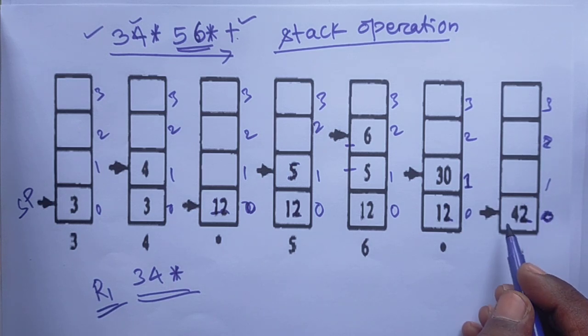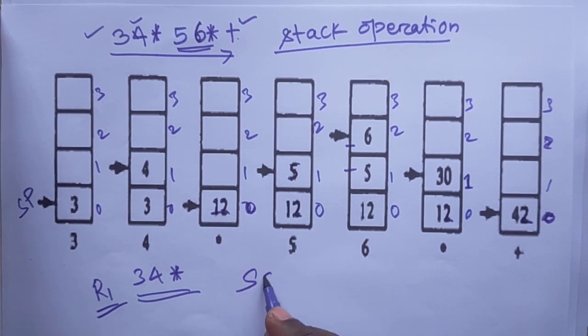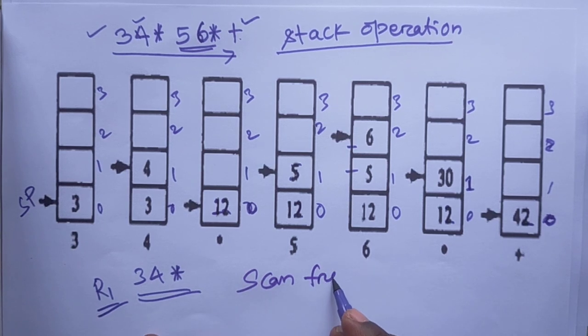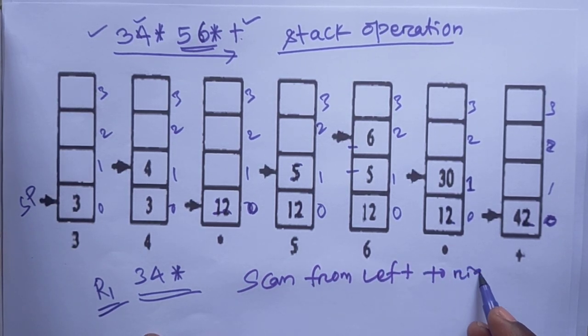In this way you can operate different operations for stack operation of any kind of arithmetic expression. First convert to reverse Polish notation, and scan from left to right. Very simple, scan from left to right.